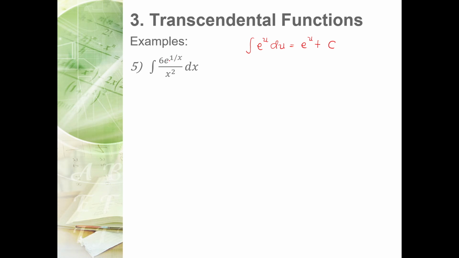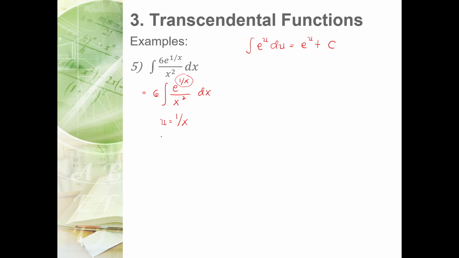Okay, so let's try to eliminate first the constant. So we have e to the power of 1 over x all over x squared dx. So e is still e. Then the exponent is now the u parameter. So u is equal to 1 over x.